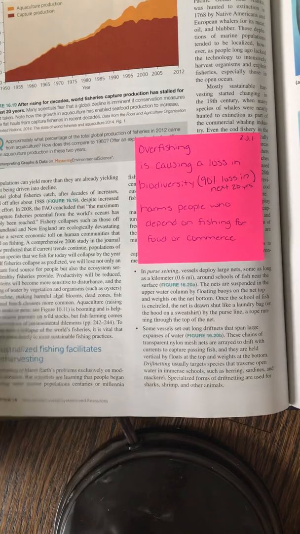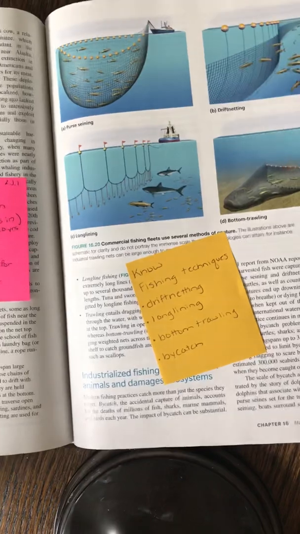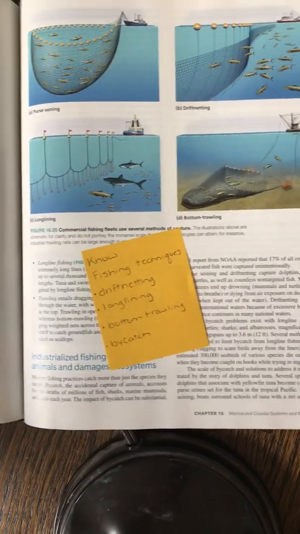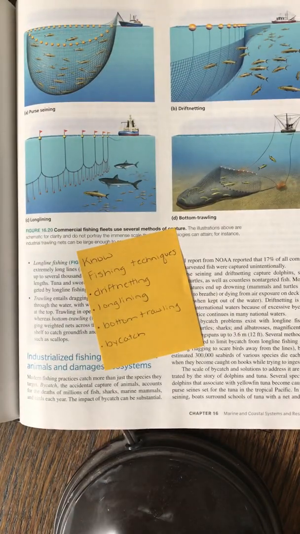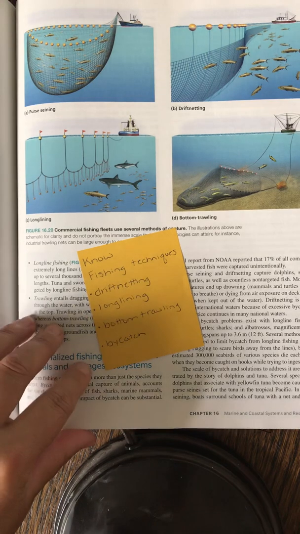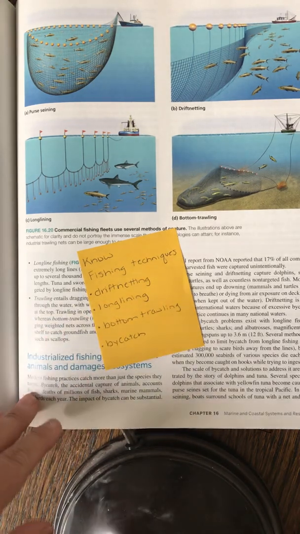Fishing technology has caused a lot of this problem with overfishing because fishermen now have the ability to use sonar, satellites, and thermal sensing to be able to catch huge amounts in a short period of time. Because of that, populations are starting to crash. We're not leaving enough individuals around to sustain the population afterwards.